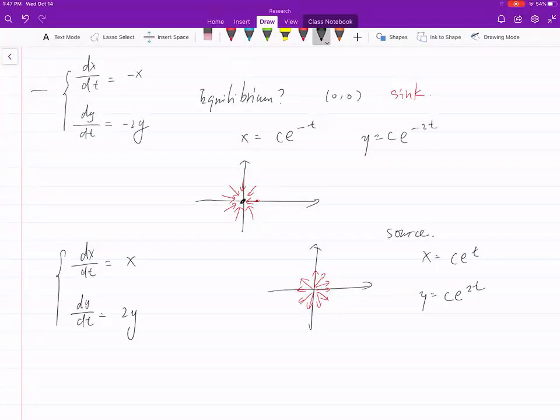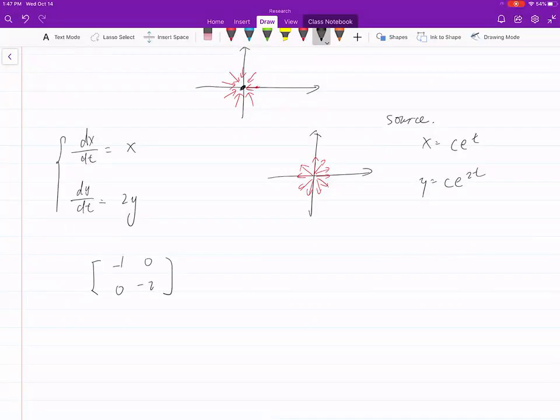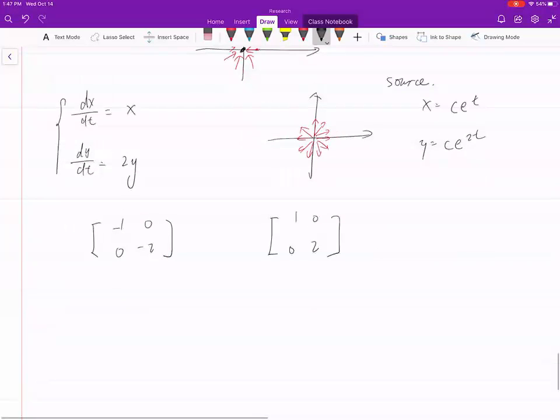Make sense here? Okay. Now let's summarize them. The first system is this. The second system is this. This is the sink. This is the source.